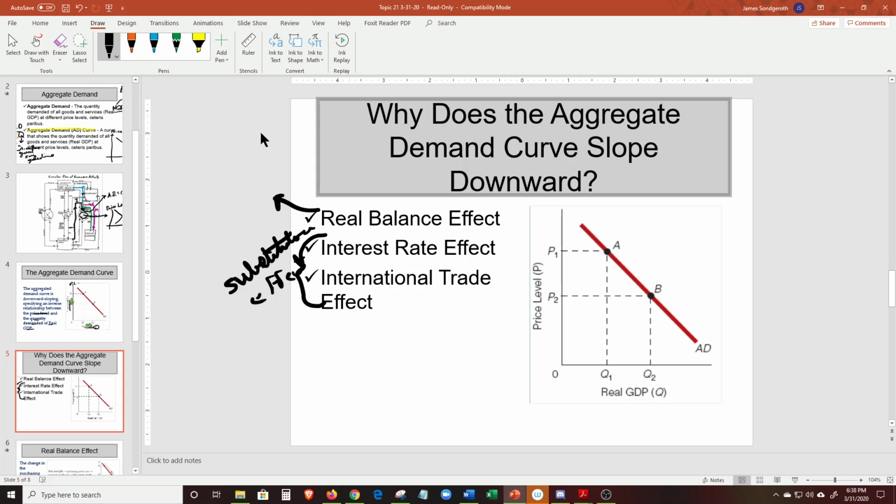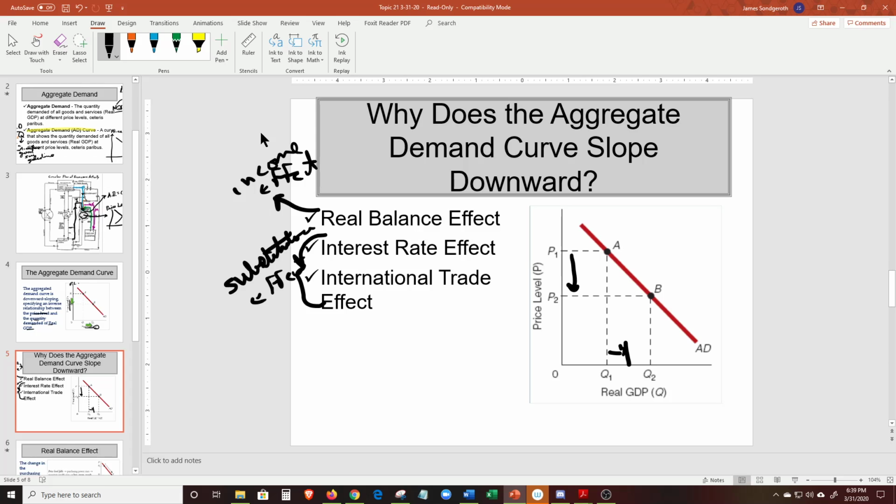And this one is similar to the income effect from microeconomics, okay? So basically all of those three combine. So if the price level goes down, you might have the real balance effect.